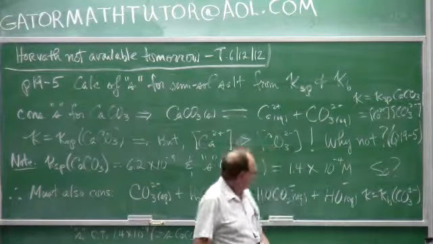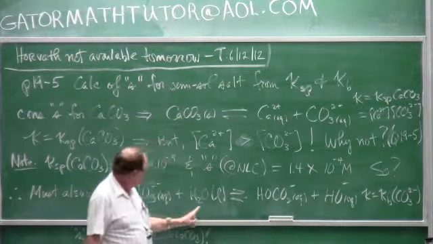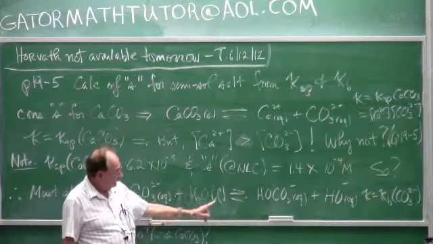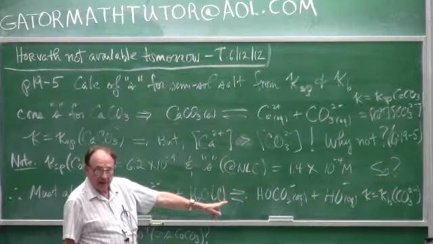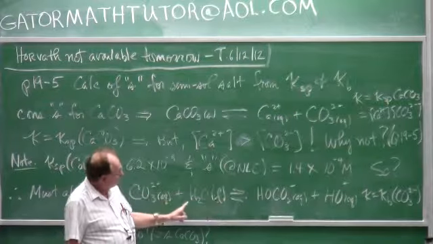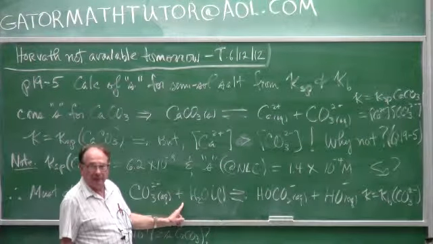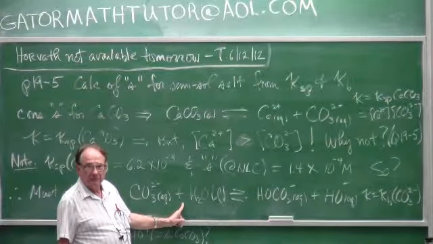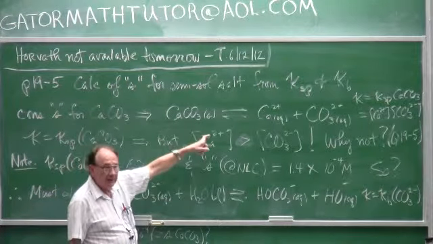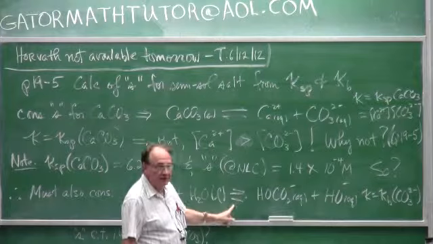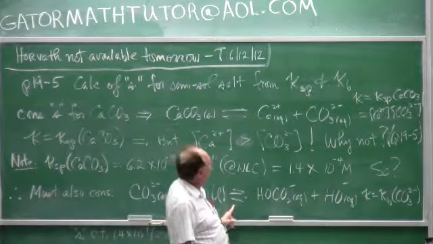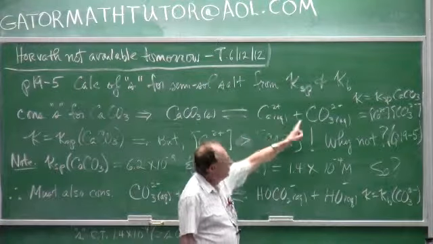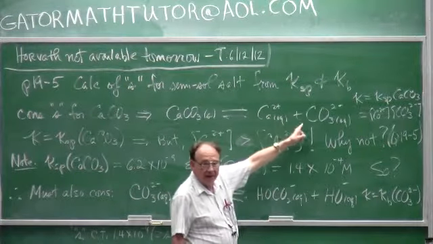So, if this reaction, which exhibits hydrolysis of carbonate ion and the formation of hydroxide ion and bicarbonate, didn't go anyplace of consequence when we make a saturated calcium carbonate solution, how would the molarity of these two ions compare?